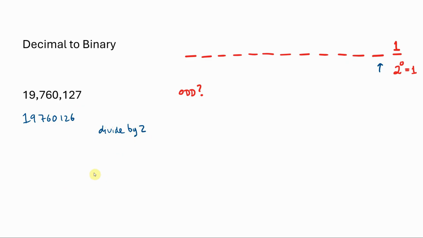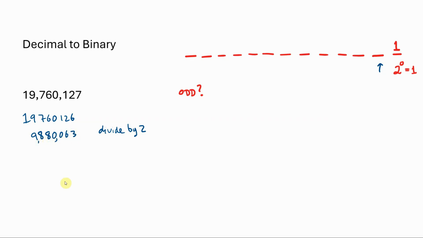So 19,760,126 divided by 2 gives me a new number, 9,880,063.